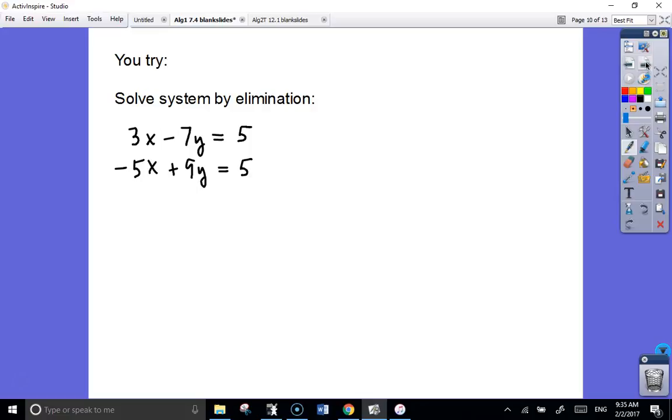It's up to you. So which one do you want to cancel? The x's? If I cancel the x's, what am I going to multiply this by? The top one by 5 and the bottom one by 3. That'll work.